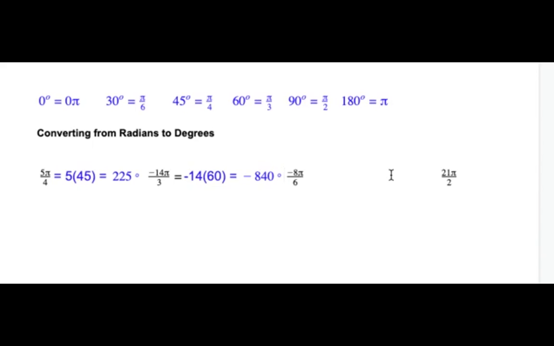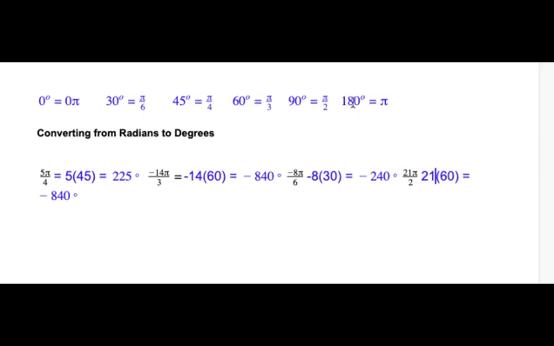Let's do a couple more examples real fast. Negative 8 pi over 6, so times negative 8. A pi over 6 is worth 30 degrees. So negative 8 times 30 ends up being negative 240 degrees. And for my last example, 21 pi over 2s means you have 21.